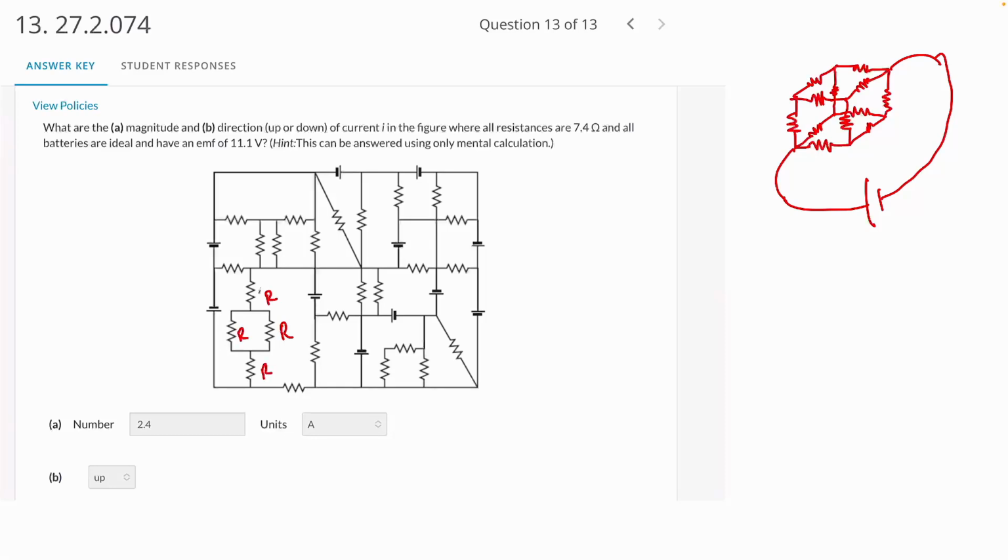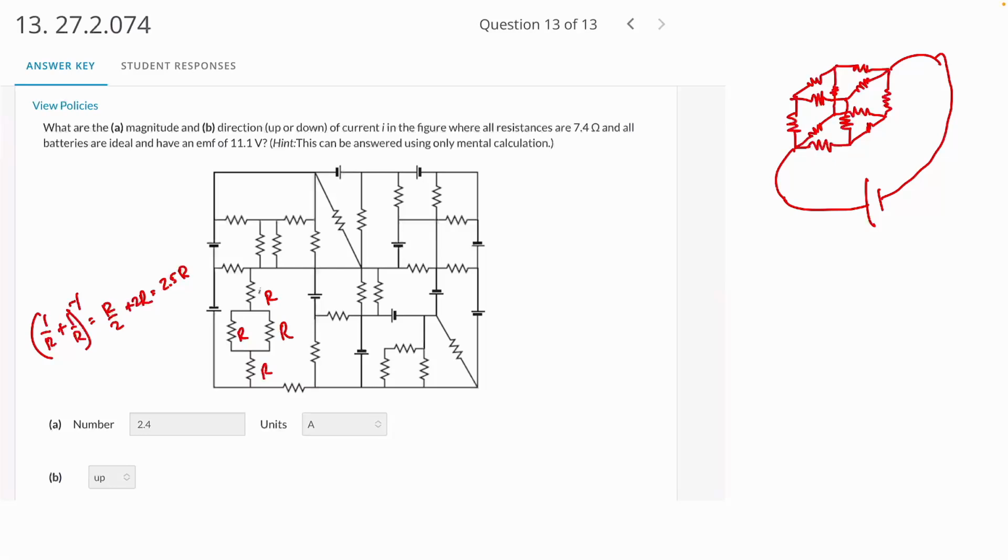So this is going to be 1 over R plus 1 over R, which is 2 over R, so that's R over 2. That's the parallel combination. And then I'm adding on 2 more R's in series. So what is that? That's 2.5 R, isn't it?